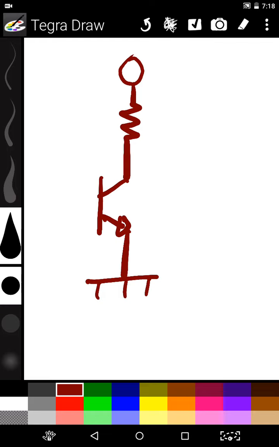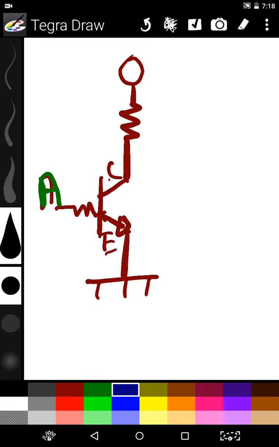This is the collector terminal, this is the emitter terminal, and this one is the base. At the base we have attached an input, input A, and the output is collected from the collector terminal. This is equal to A bar.